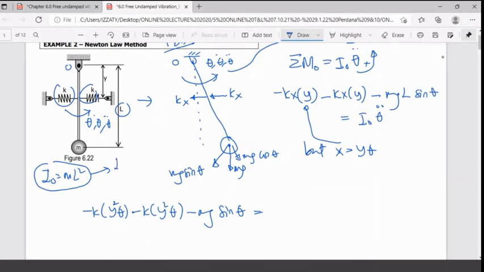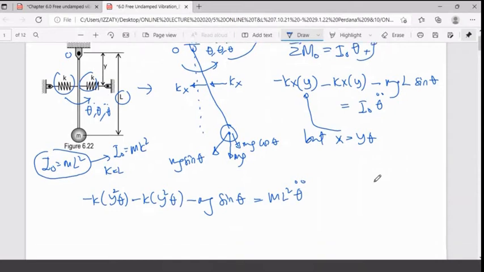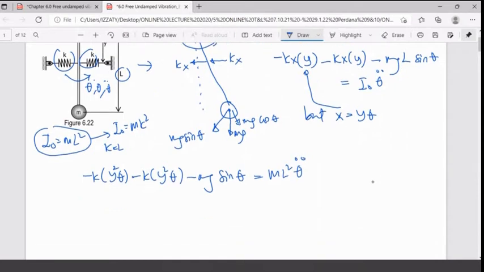You have I O equal to m k square, where you found that k now is equal to L. So you put it here, you have the m L square theta double dot. Okay, then you simplify the whole thing here. You have the ml square theta double dot.